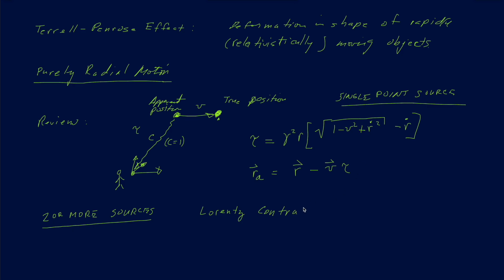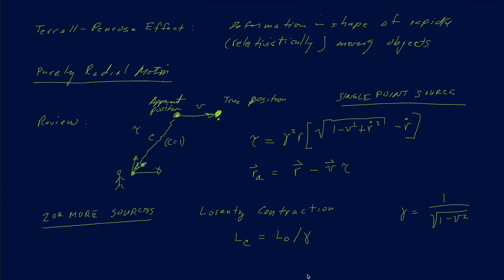But if you have two things, then the distance between them may change depending on which way the thing is moving. So you have Lorentz contraction, which says that the length contracted, let's say, of a thing is equal to L, its rest length, divided by gamma, the same gamma that's up here. And you may recall that gamma is equal to 1 over the square root of 1 minus v squared. Again, this is in natural units. Okay, very good.